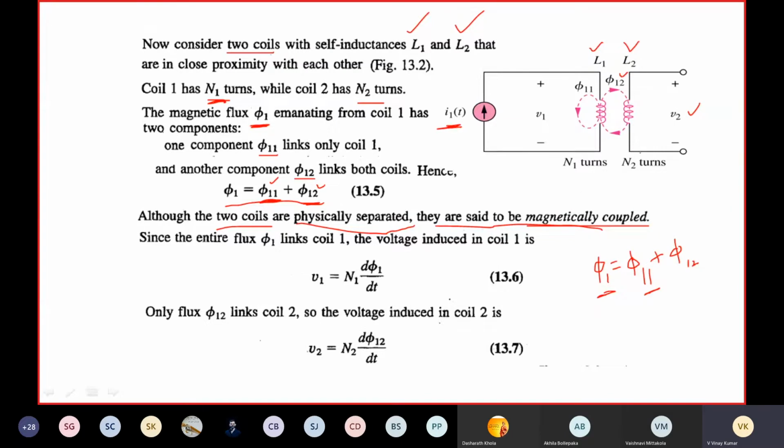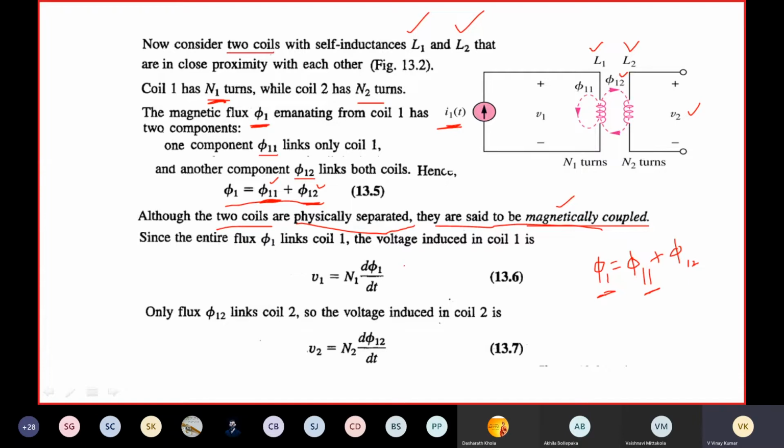So these two coils are said to be magnetically coupled, even though they are physically separated.